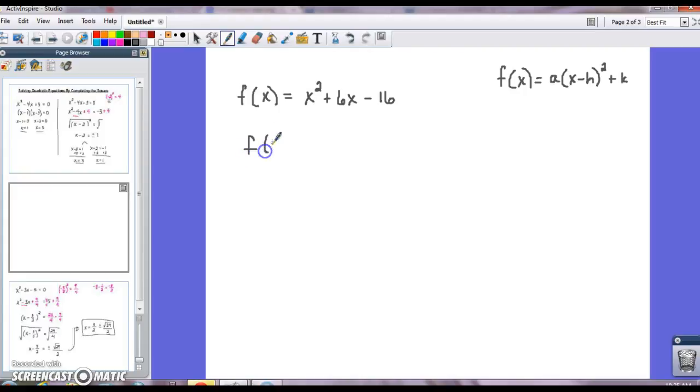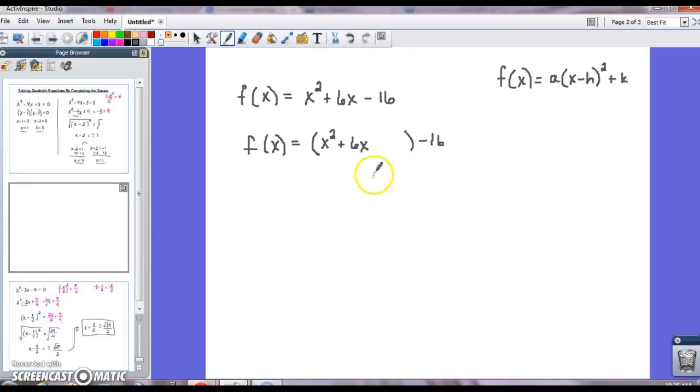Now, because I'm not solving for anything, I'm not moving any terms to the other side of the equation. I'm just converting the form that this is in. But I am still going to complete the square. I'm going to use these first two terms to do that. So I have x squared plus 6x, and I have minus 16 out here.